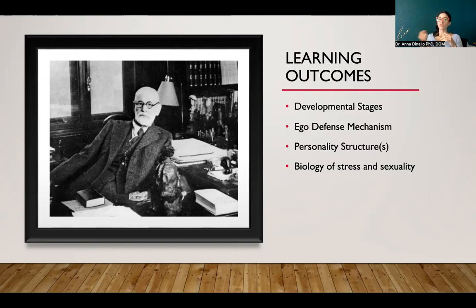And Freud and Carl Jung were not the ones to come up with the term the ego. It's really the late 1800s that it was being used in other philosophical circles. But they started to see, hey, well, how does the ego feed into what we call a personality structure? And then, of course, this really is a deeper look at the biology of stress and sexuality in general.